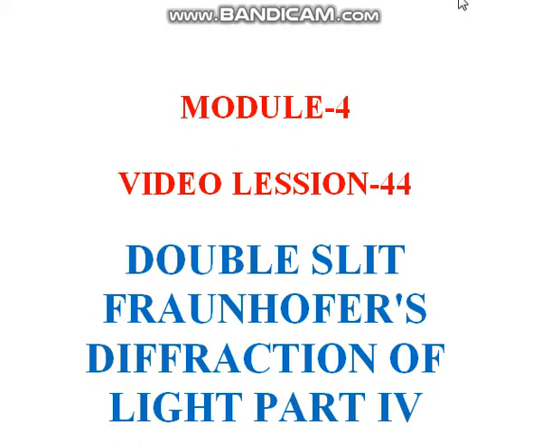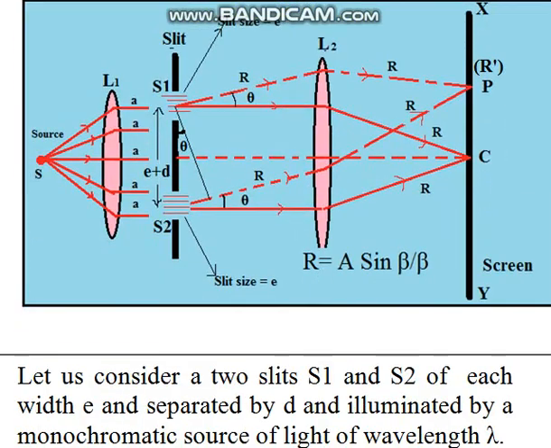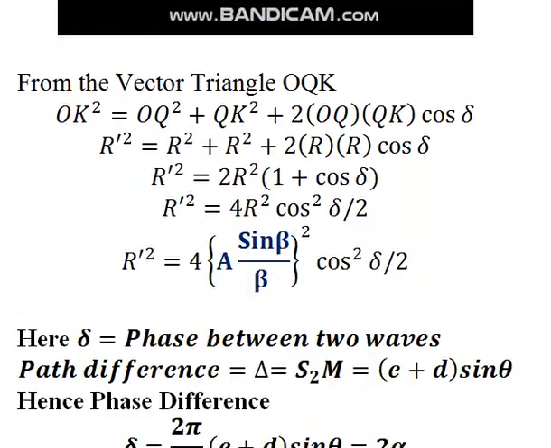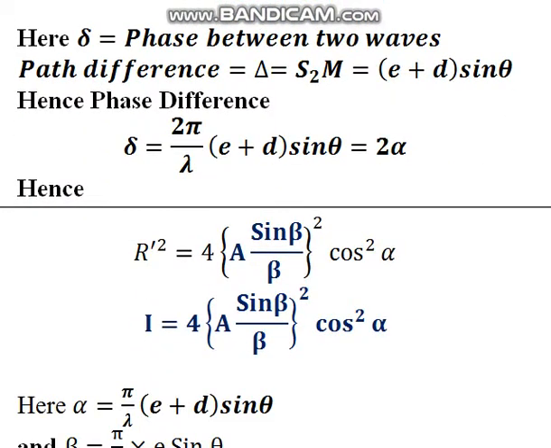Hello everyone, this is video lesson 44 and here we are continuing our discussion about double slit diffraction. We discussed the derivation to obtain the resultant intensity, and then we found that in the intensity term there are two functions: one for the single slit diffraction and the other for the interference due to the two slits.